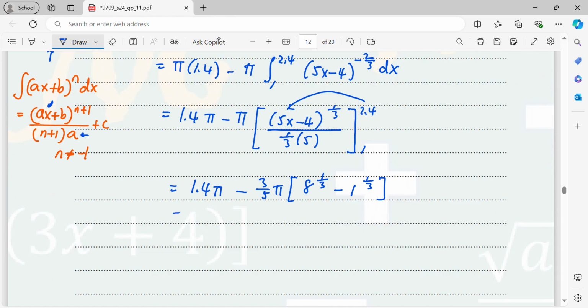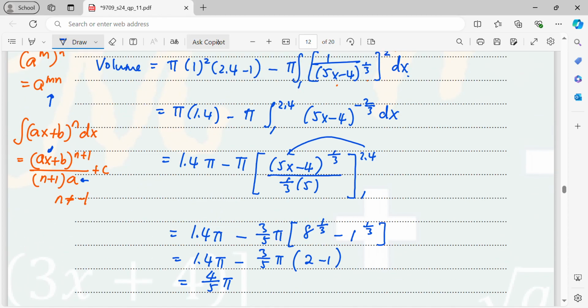Then now here, you will be getting 1.4 pi minus 3 over 5 pi. 8 to the power of 1 over 3 is basically 2. So 2 minus 1 to the power of 1 over 3 is still 1, because 1 to any power is 1. So 2 minus 1 is basically 1. So which means 1.4 pi minus 3 over 5 pi. So end up with 4 over 5 pi. That is the exact volume.